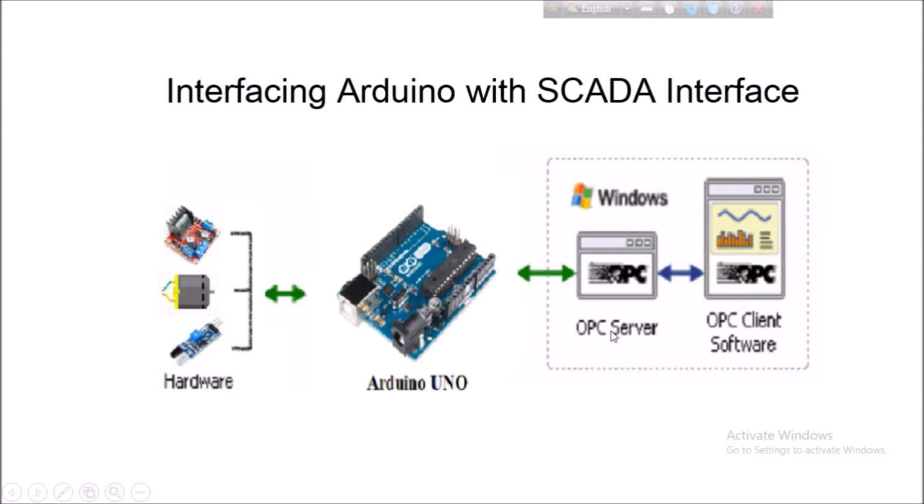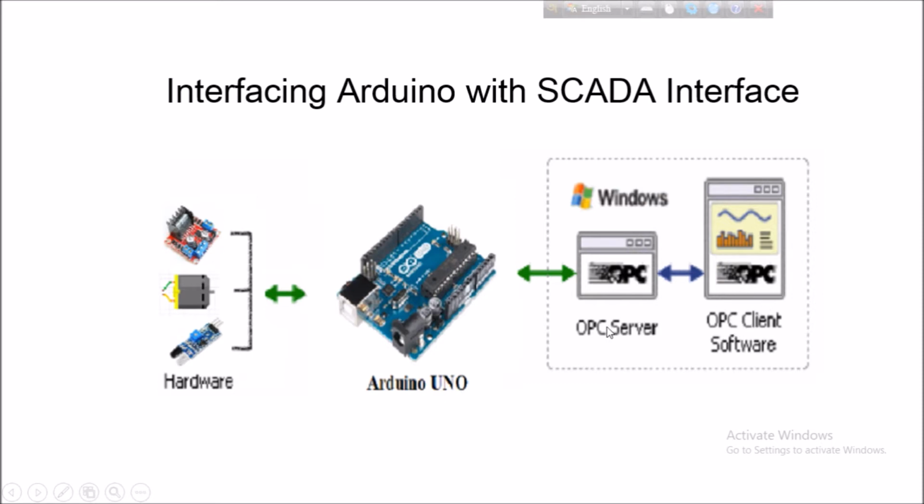When both the Arduino OPC server and the SCADA application run on the PC and the Arduino microcontroller is connected with the PC, the SCADA application sends requests for Arduino IO data to the Arduino OPC server, and the OPC server retrieves the Arduino IO data by directly communicating with the Arduino UNO microcontroller and provides this data to the SCADA application.